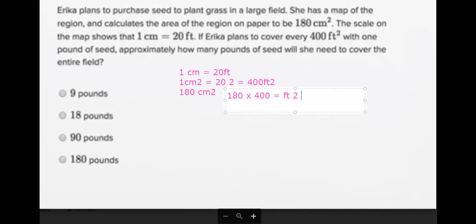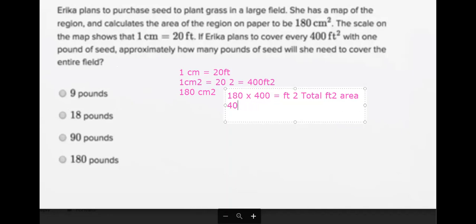Now I want to cover 400 feet square with 1 pound of seed. So 1 pound of seed is equal to 400 feet square.